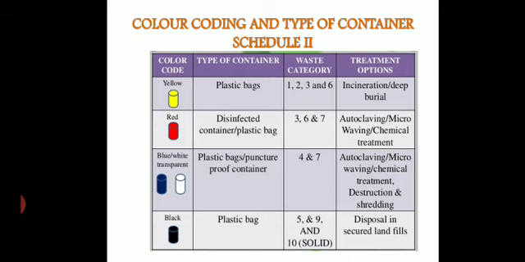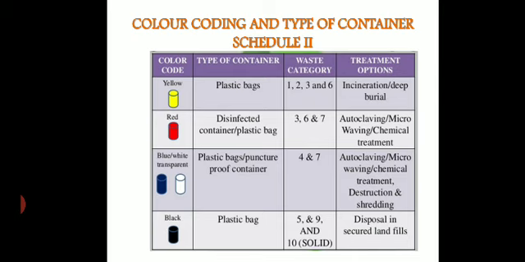Then the next type of container includes your blue or white transparent containers. Here you can throw in plastic bags, then puncture proof containers. They should be puncture proof, and a plastic bag can be used there.